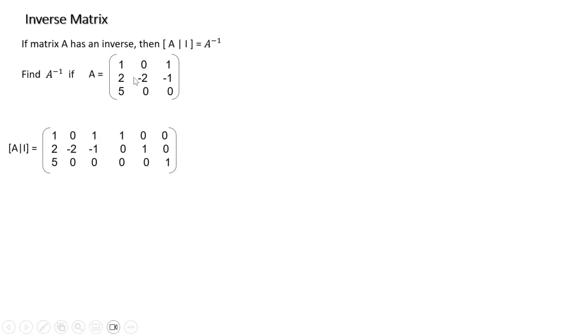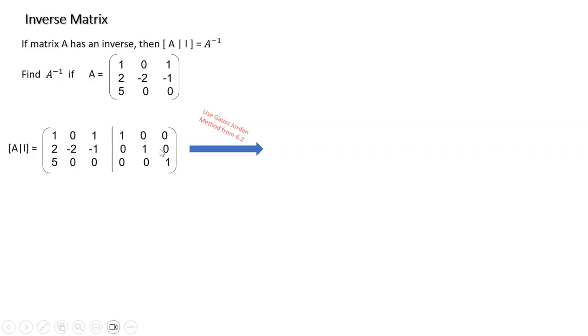So it's going to be the matrix A and its identity. So now the objective is for what's on the right, the 1 0 0, 0 1 0, and 0 0 1, to come to my left side, and whatever's left on the right side after I do all the operations will be my inverse.